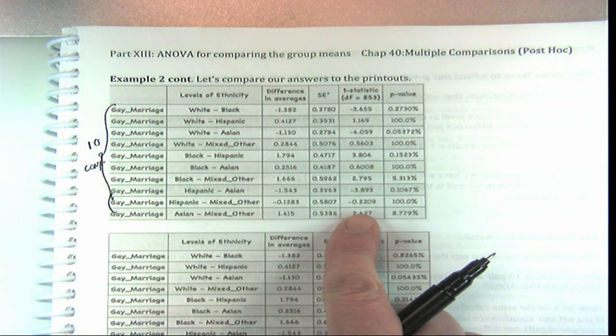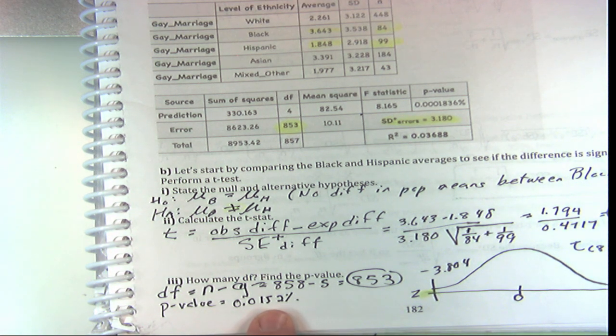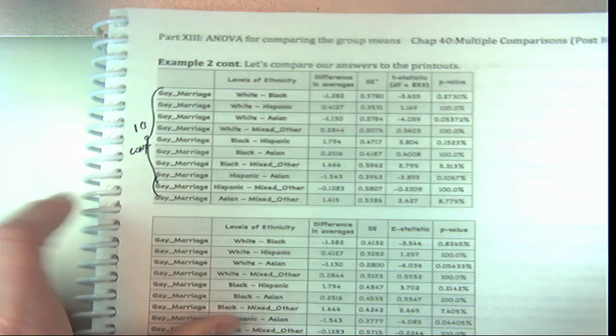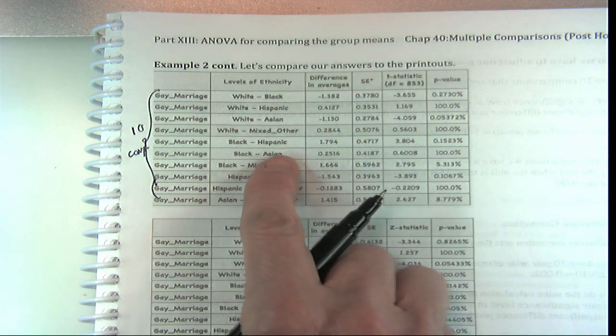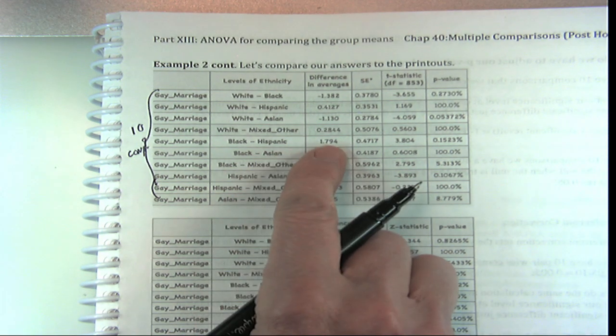Now let's look at what happens to this. Let's keep in mind the p-value that we got, 0.0152%, and let's look at it here. Okay, so we're looking at the blacks minus the Hispanics here, right? This is the difference we got.